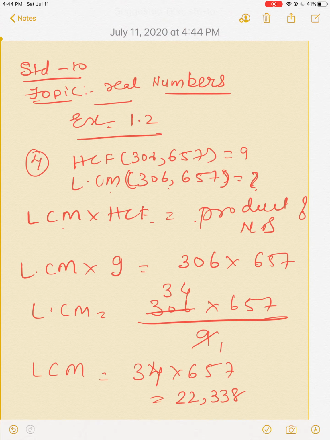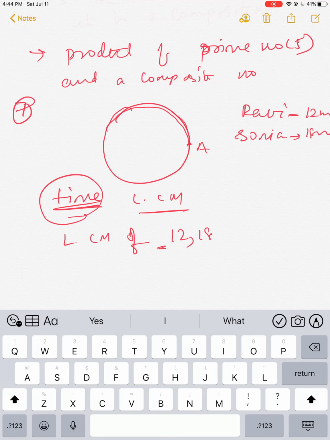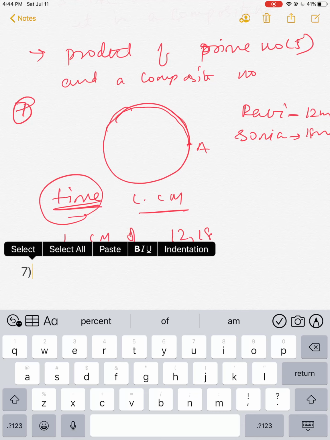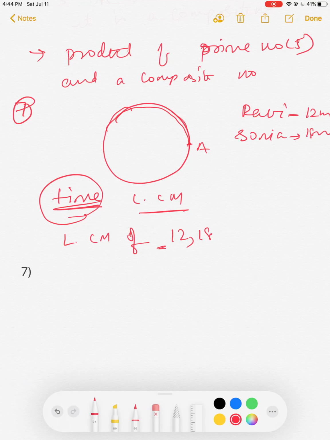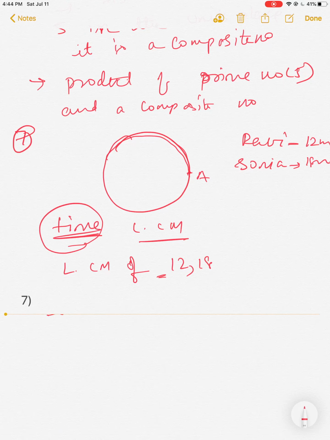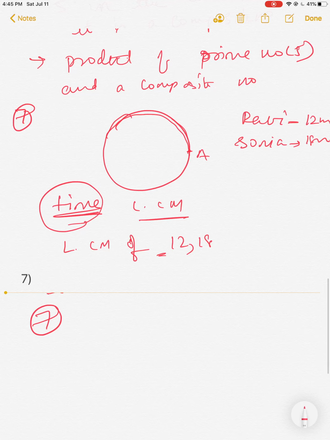This is the 7th problem. After how many minutes will they meet again? So LCM of 12 and 18.